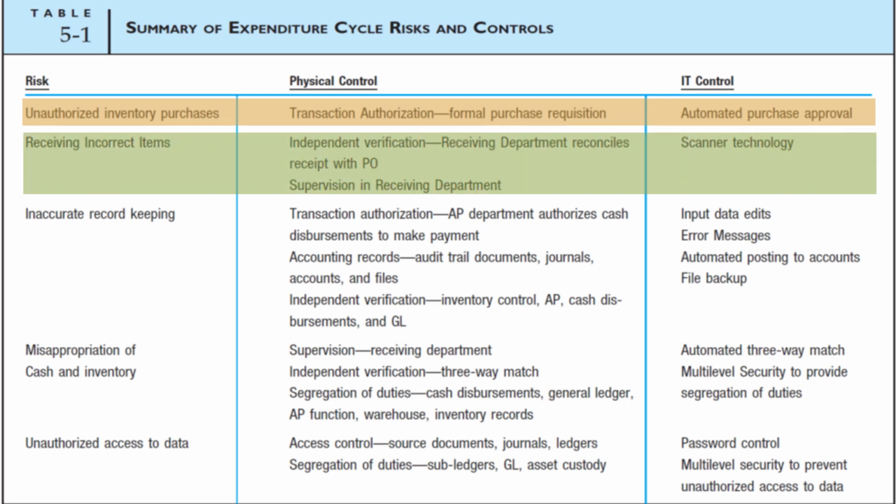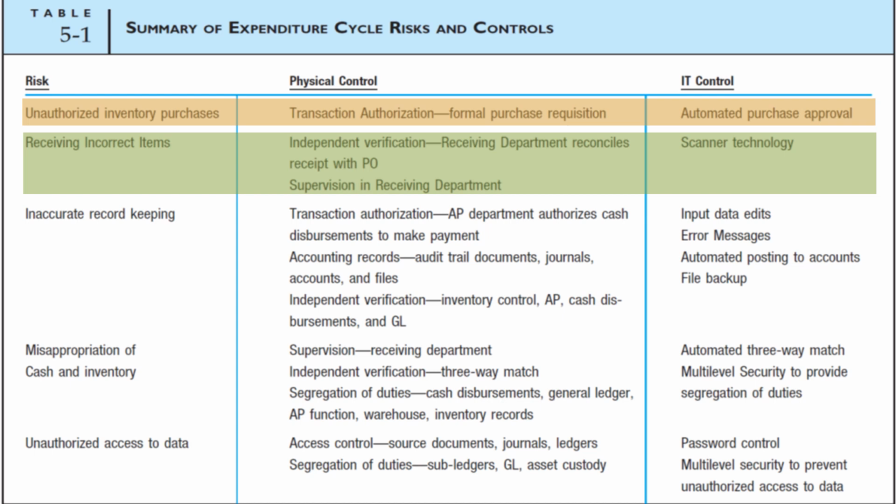The second risk is receiving incorrect items. In physical control, we can control it by having independent verification and supervision in the receiving department. The independent verification is that the receiving department reconciles the receipt with the blind copy of the purchase order. So we have a blind copy, not mentioning the quantities or the description of the items.